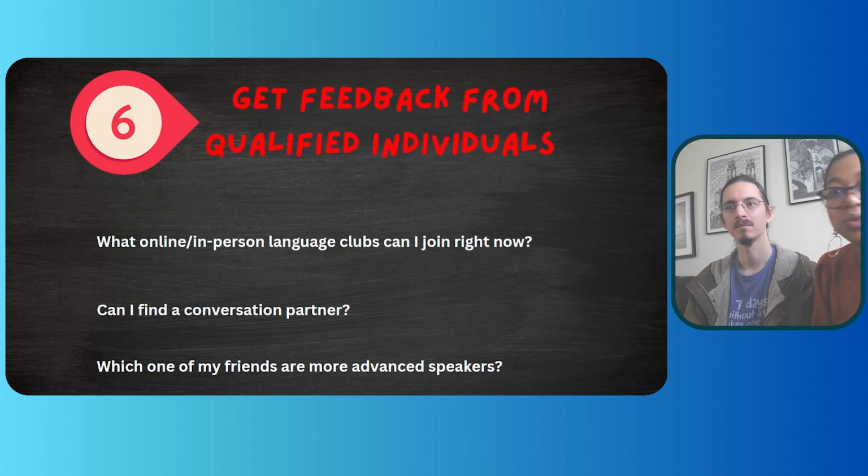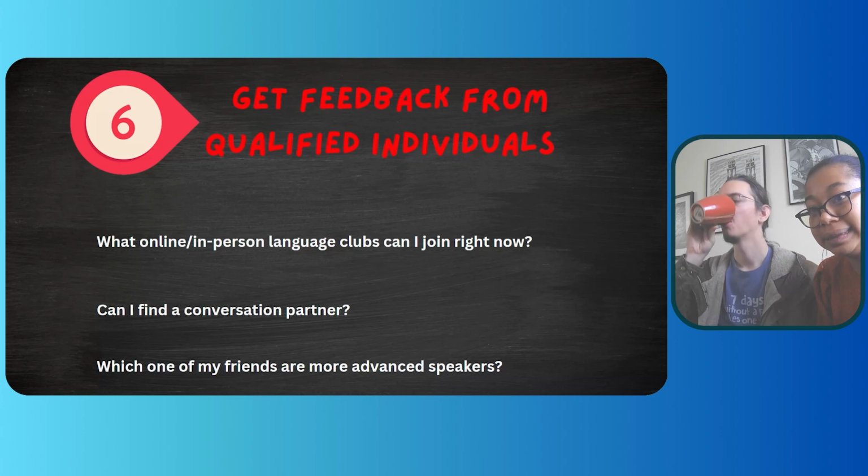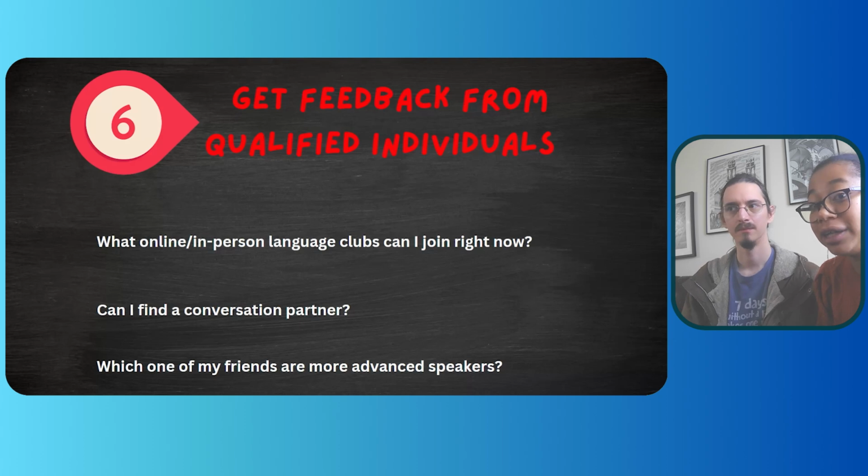And the next one is to ask friends who are more advanced speakers. And as I say, don't ask them to be your conversation partner, but ask them to correct you when you are speaking. So just say, I am learning a language right now and I want to practice it, but if you catch me doing something incorrect, just tell me. I did that when I was preparing for my VEST test.